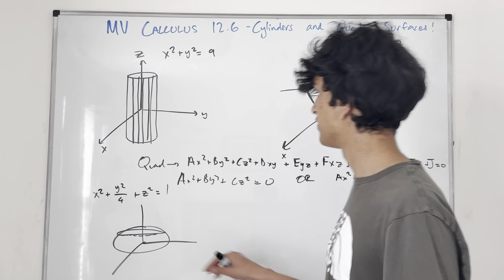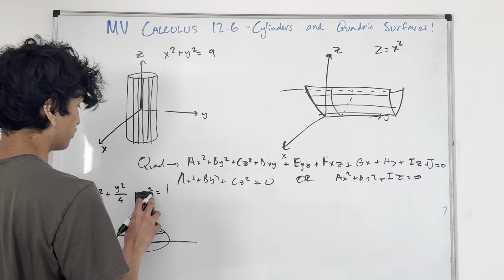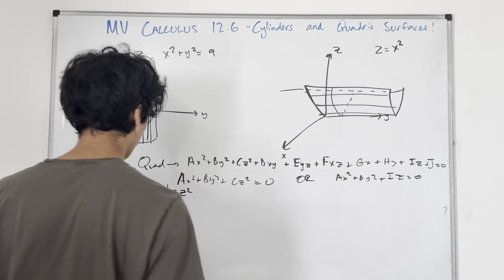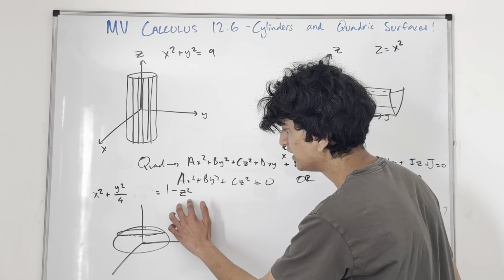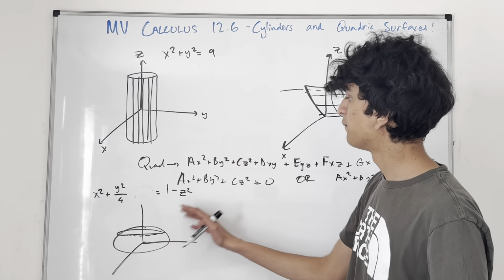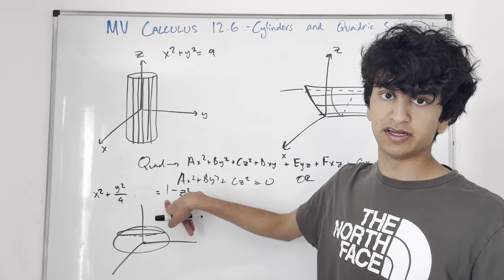So if I just rearrange this to 1 minus z squared, because I'm looking at the xy plane where z is a constant, it's still the curve of an ellipse, but now this term has decreased.